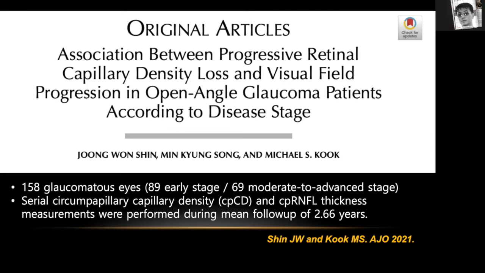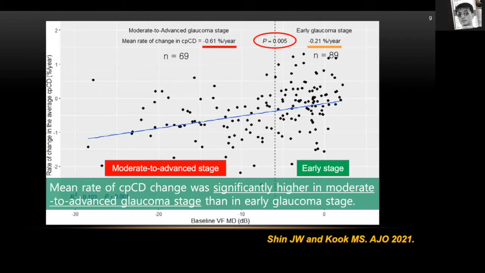Serial CPCD and circumpapillary RNFL thickness measurements were performed during mean follow-up of more than 2 years. What they found out was that mean rate of change in CPCD was significantly higher in moderate to advanced stage than that in early stage.